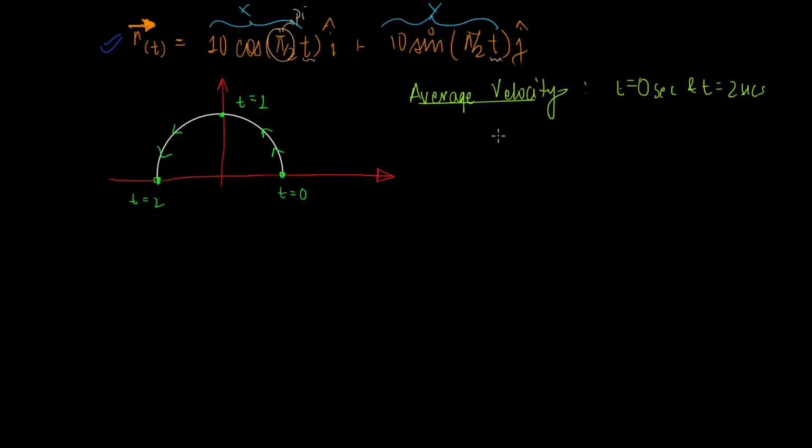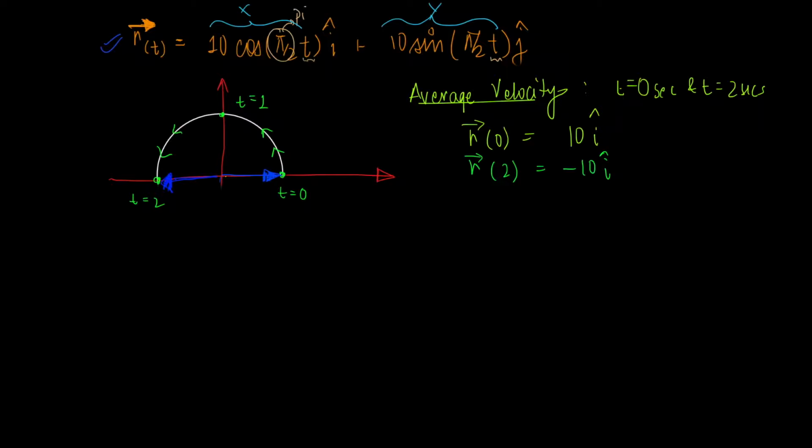At t equal to 0, r of 0 was 10 i cap, the body was here, and this is the position vector from the origin. As we went further on, at t equal to 2, the body was at minus 10 i cap. So the body was there, and the position vector corresponding to that was this.